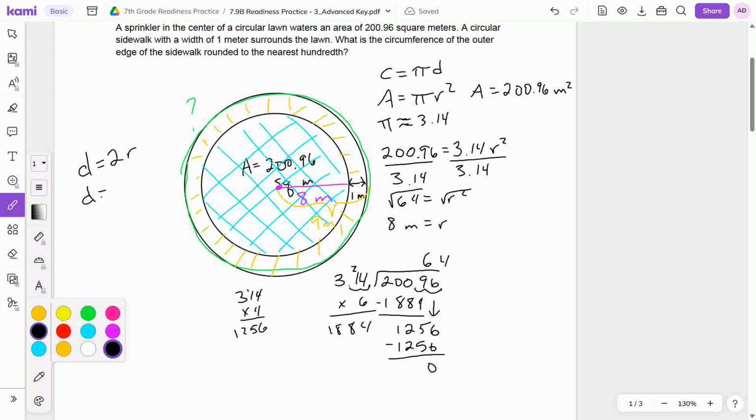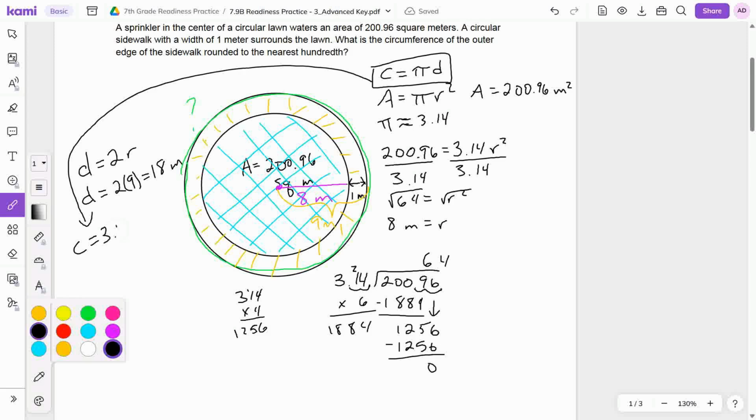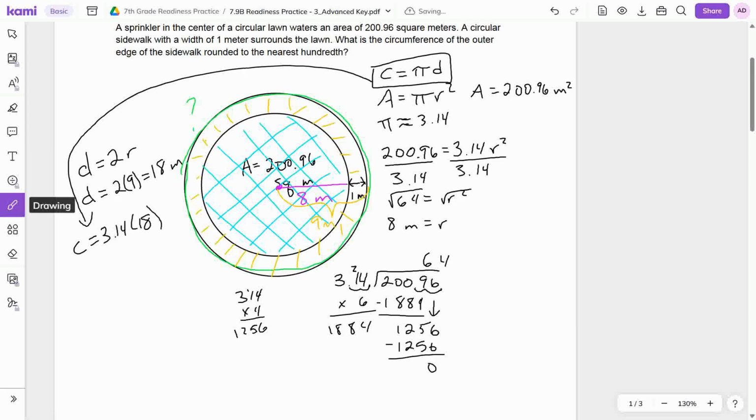So diameter equals 2 times 9, which is going to equal 18 meters. All right, so now we can go back to this right here. We can say my circumference equals, let's use 3.14 times 18. Then we're good to go.